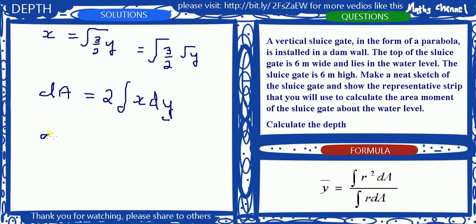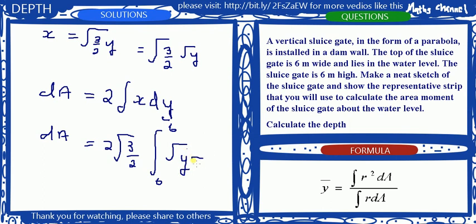And then taking the coefficient outside to have something like 2 root 3 over 2 integral. The value of our limit is 0 to 6, so we can put... now here is our area.